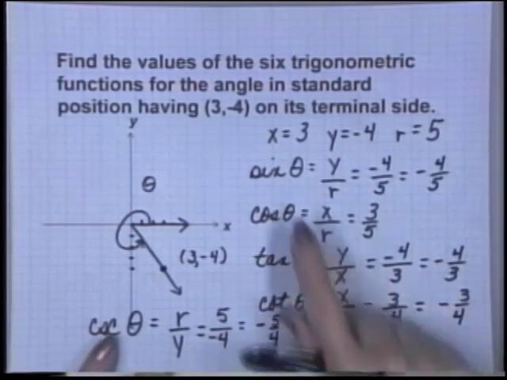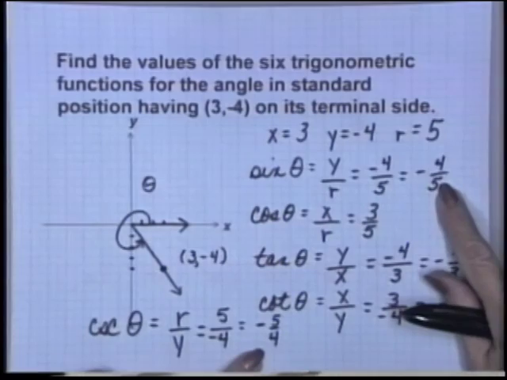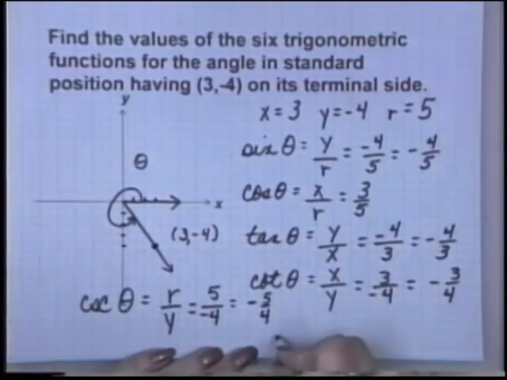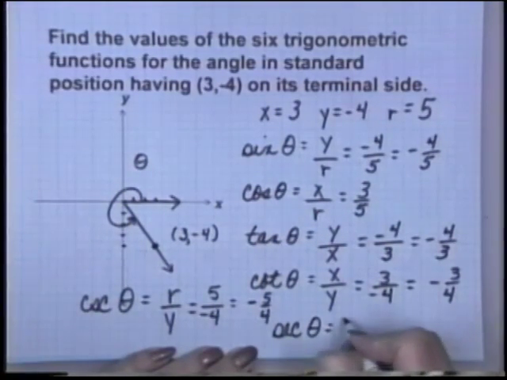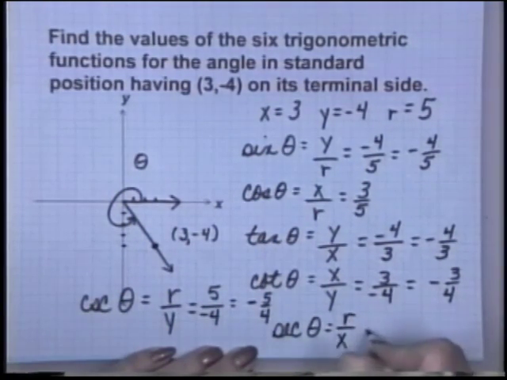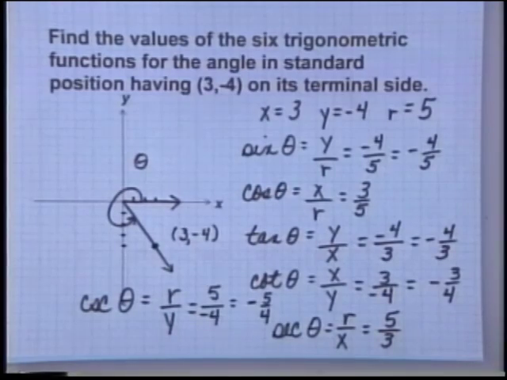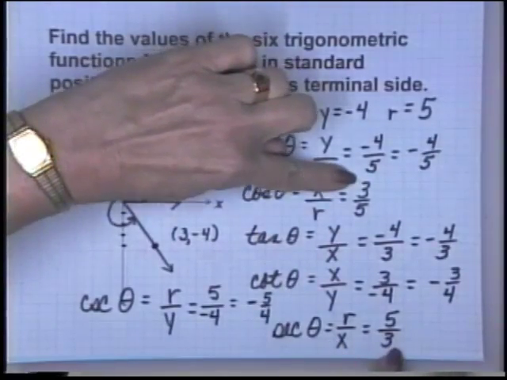And I want you to notice something. Those are my reciprocals, right? And notice how they are reciprocals of each other. Let's see if I'm going to have room to do my secant. My secant of theta is r divided by x, which would be 5 divided by 3, or 5/3. Notice my reciprocals, 3/5, 5/3.